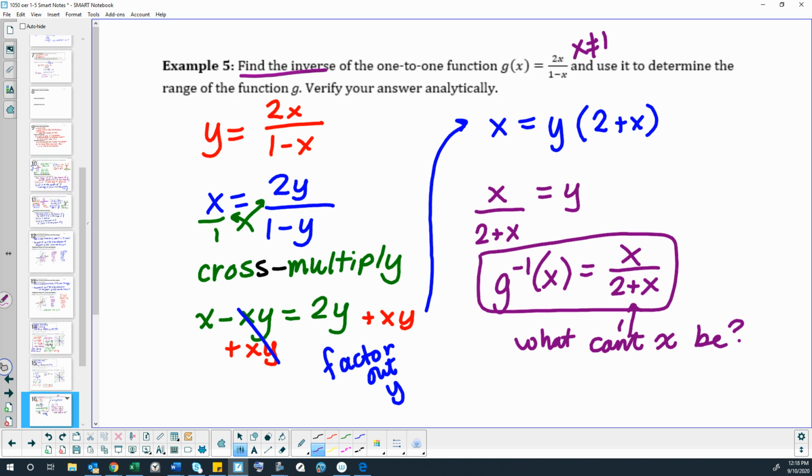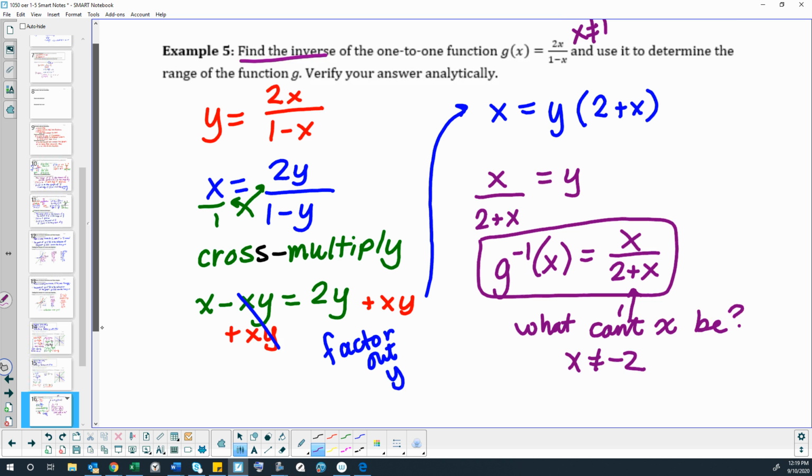But now we have a new problem. So what would make that denominator 0? x cannot be negative 2.